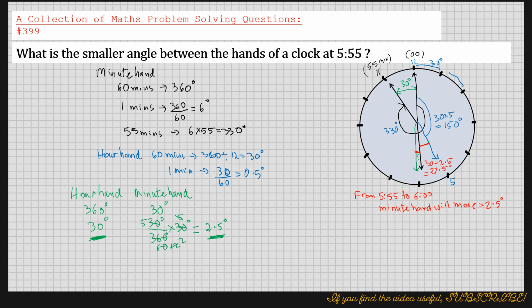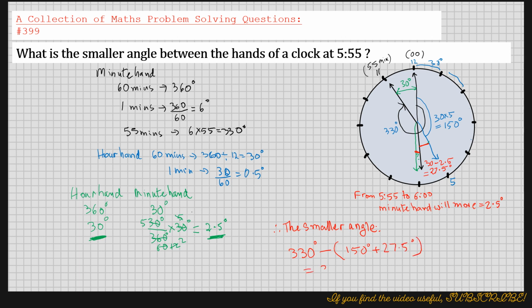Therefore, the smaller angle will be, we have to subtract, 330 degrees minus 150 plus 27.5 degrees.